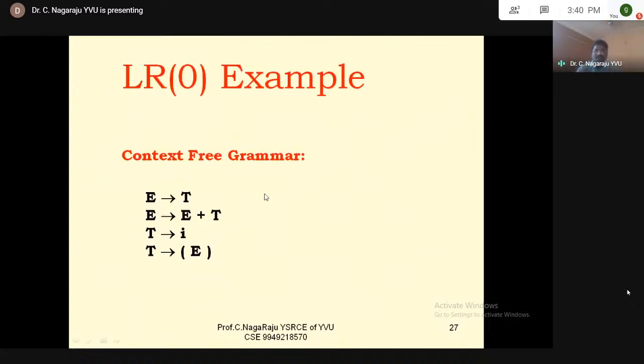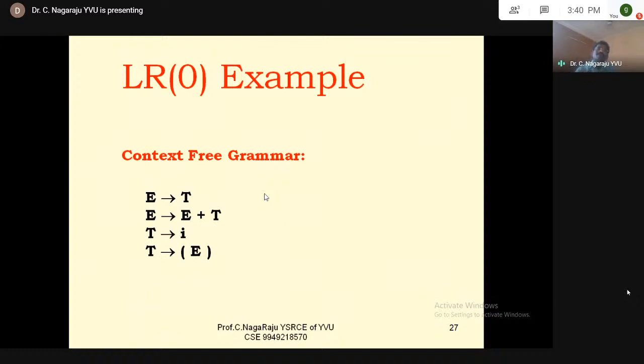For example, I am explaining the LR0 parser with an example, so observe clearly what I am doing. In LR parsers, the first step, when you are considering a context free grammar, is to convert it into an augmented grammar.